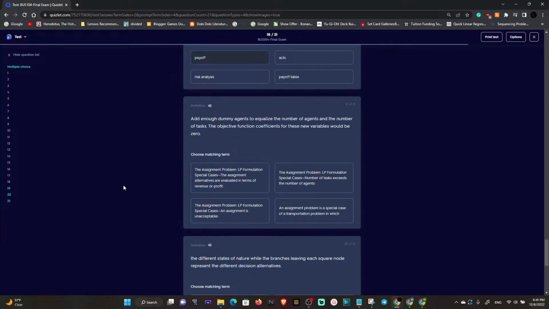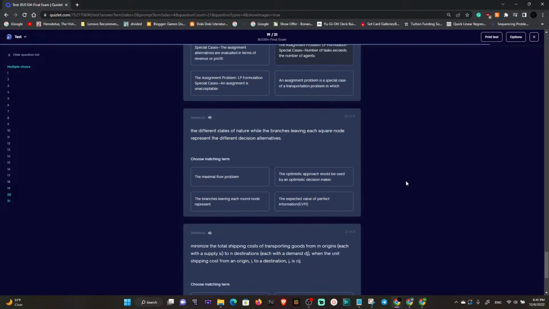Add dummy agents to equalize the number of agents and the number of tasks. The objective function coefficients for these new variables would be 0. Assignment problem formulation. The different states of nature, while the branches leaving each square node represent the different decision alternatives.